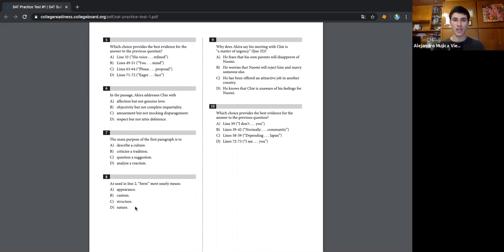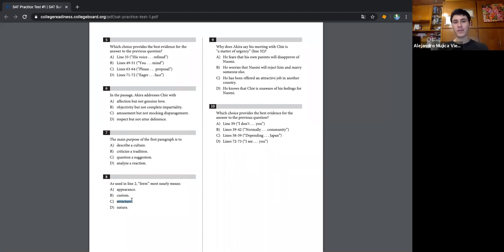So we look at connotation. In this case, form is referring to tradition or custom, the protocol that should be followed for these types of things in Japanese culture. So it's not physical appearance, and it's not the nature of something, whether an emotional, mental, or literal nature. The closest one is structure.